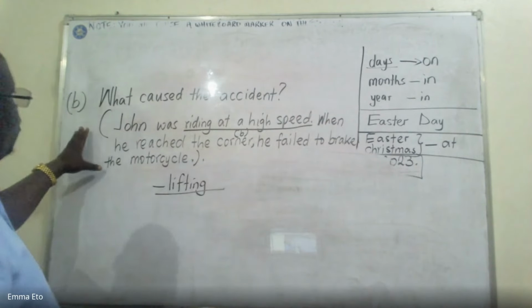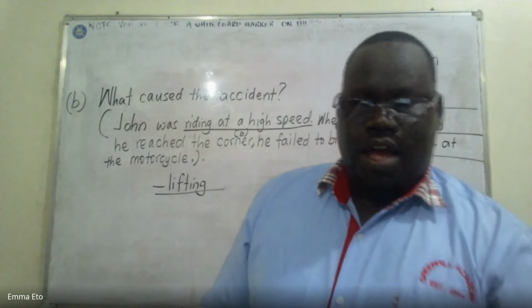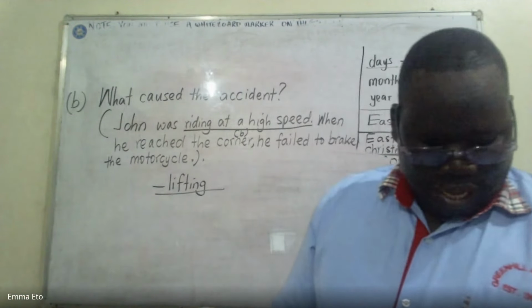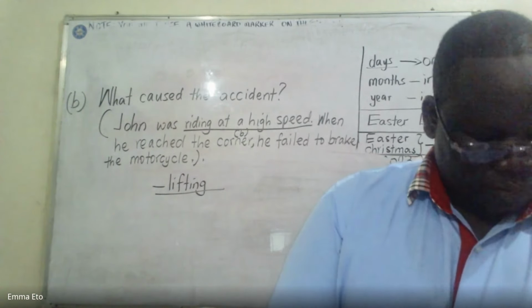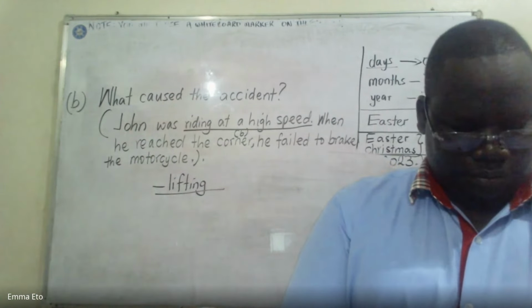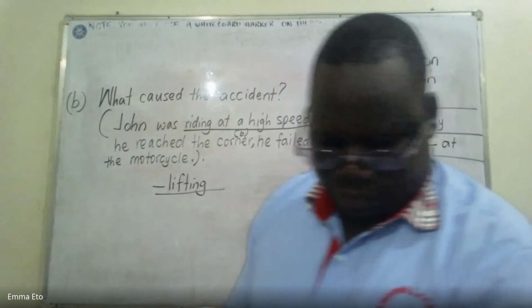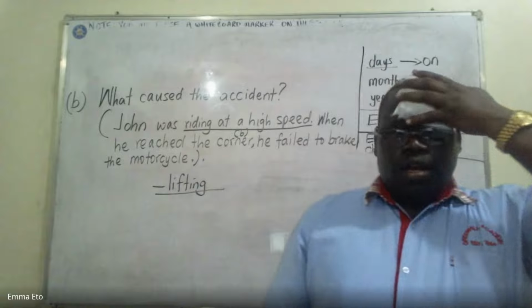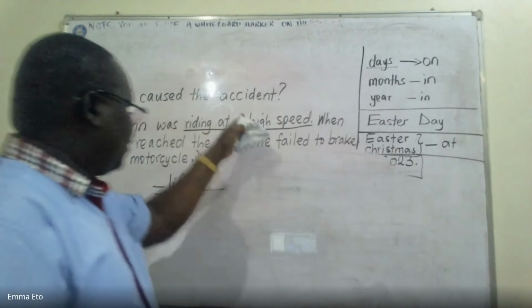Then they say, what caused the accident? You can give us the simplest answer using that text. Who can give us the simplest answer to that question from the text?